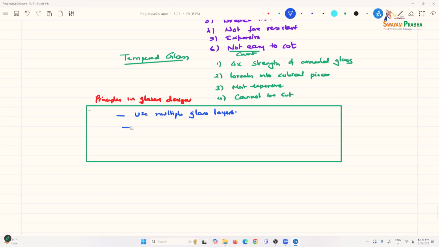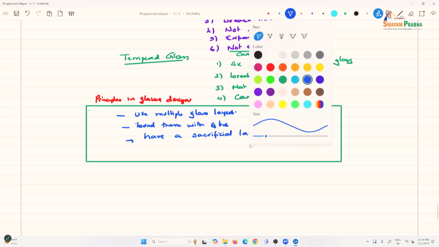Multiple layers of glass bonded with glue, and then you could have a frangible sacrificial layer on the blast side.